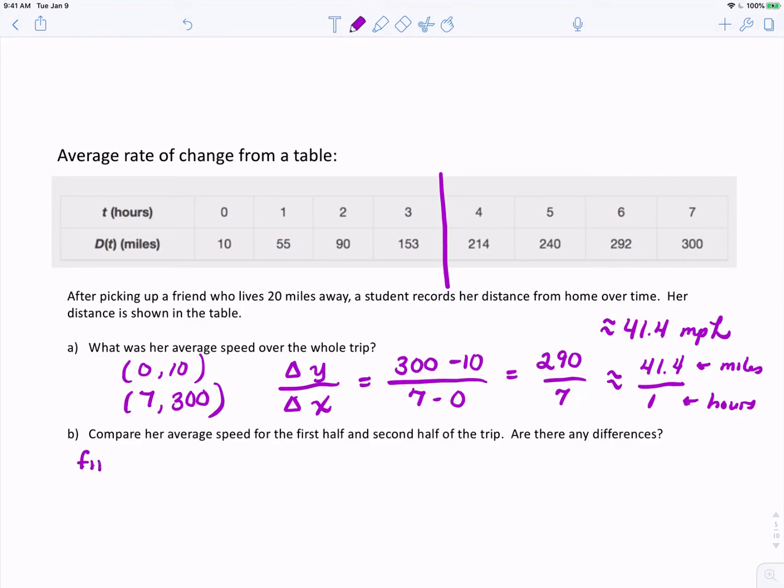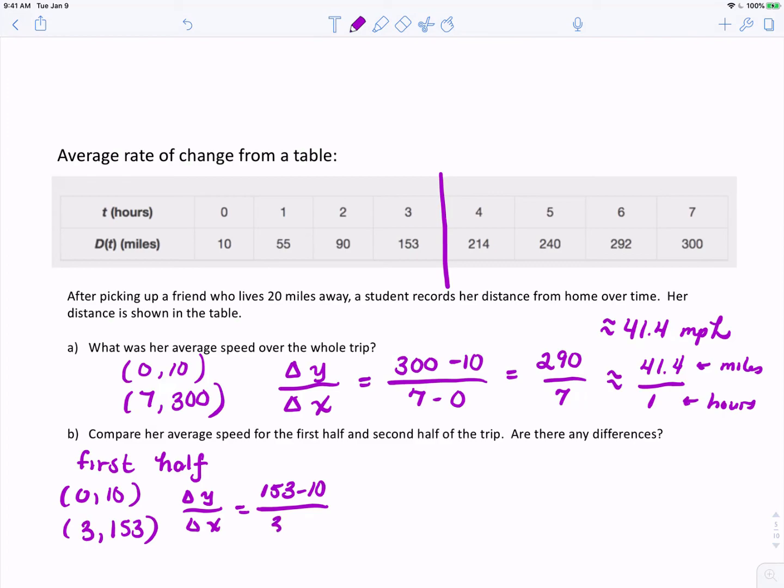So for the first half of the trip, we have the points 0, 10 and 3, 153. So again, if we find the slope, the average rate of change, that's going to be 153 minus 10 divided by 3 minus 0, and if we work that out, that's 143 divided by 3.